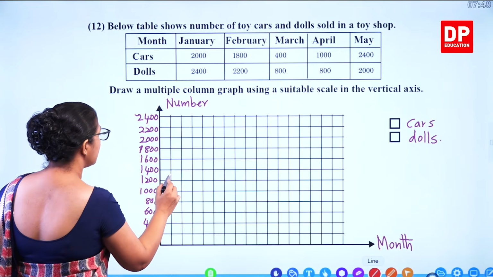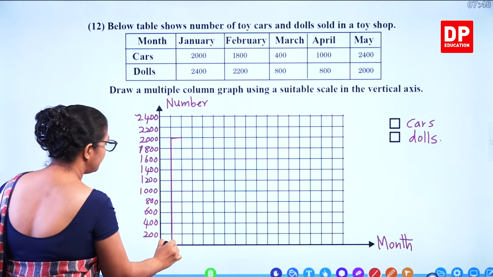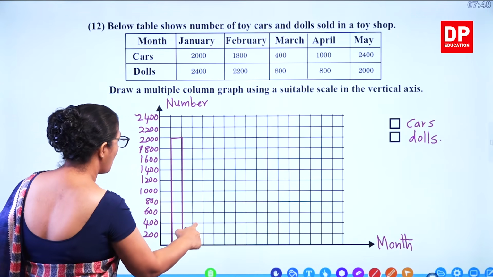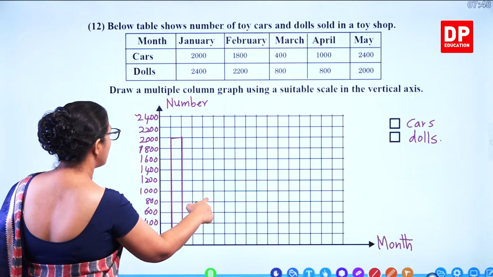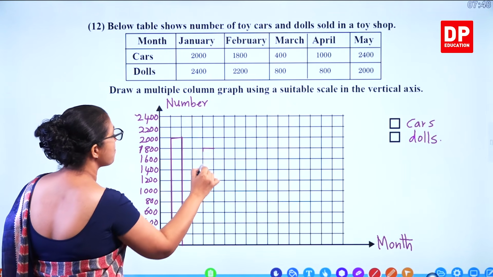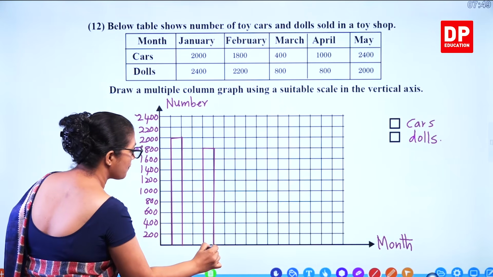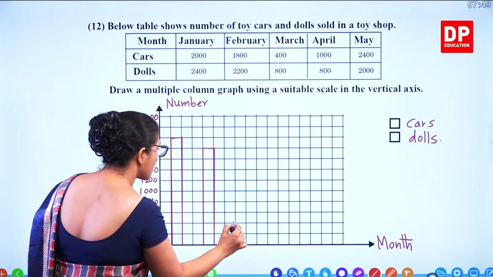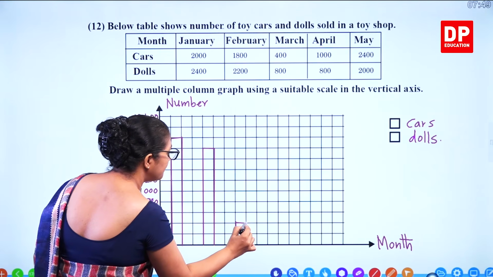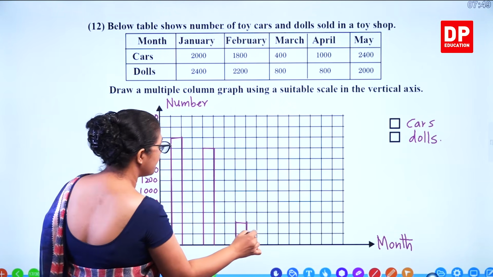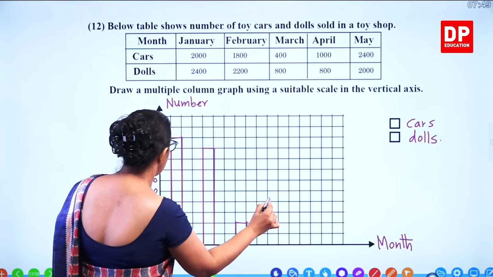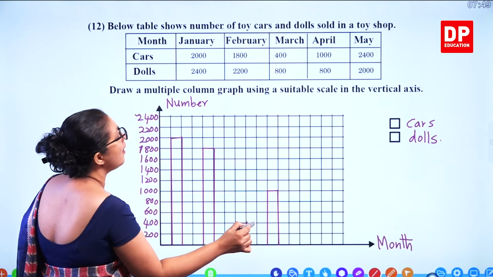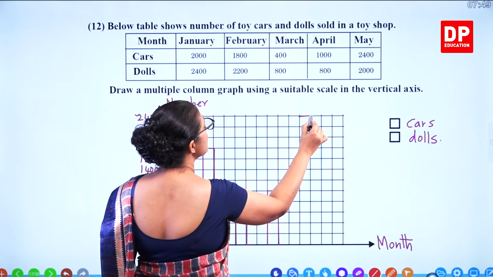So 2000 is here. 1800 here. 400. 400 is here. 1000. 1000 is here. And 2400. That's the highest one.